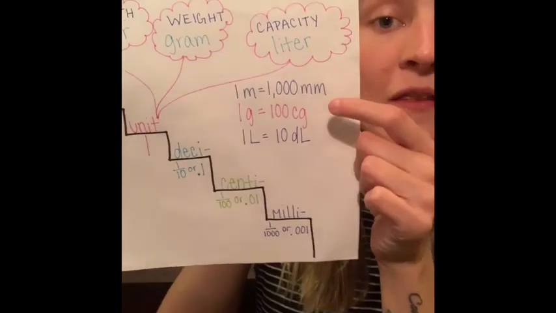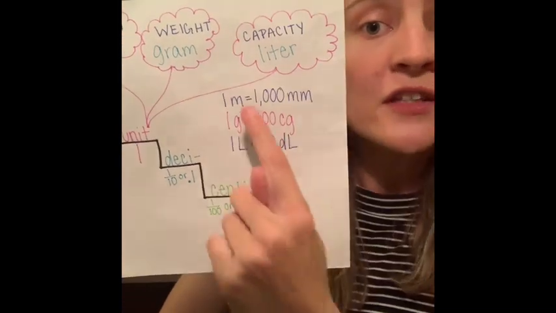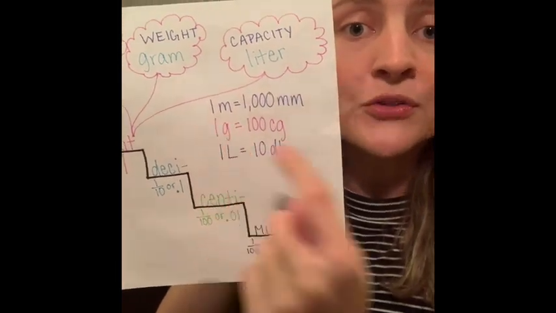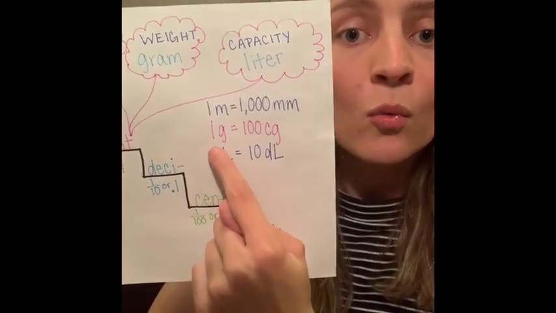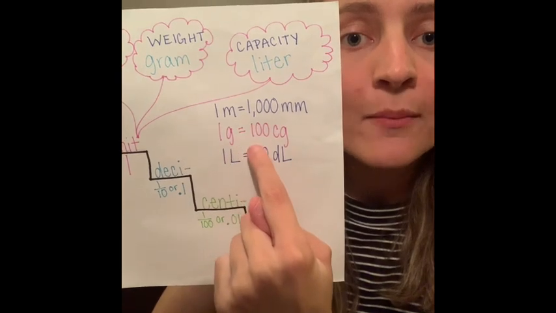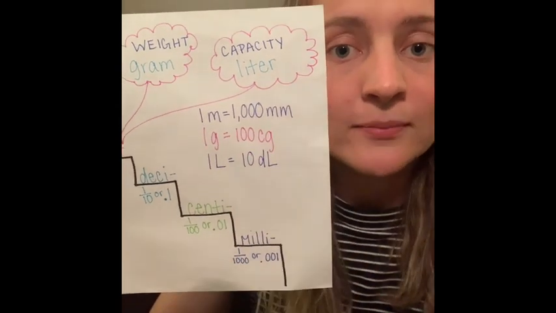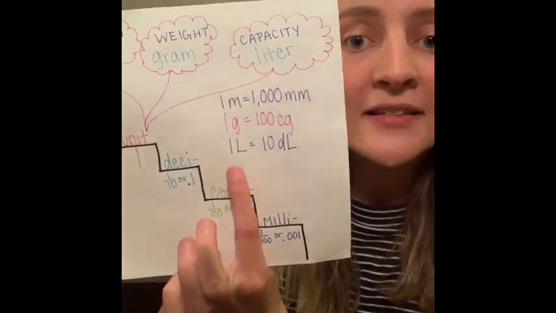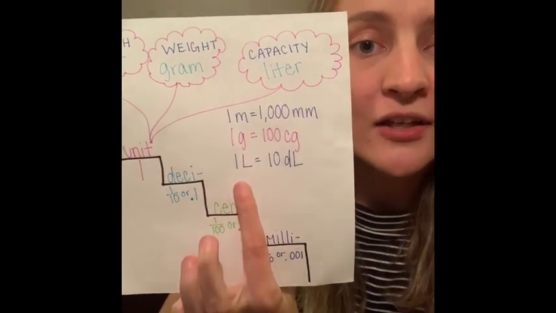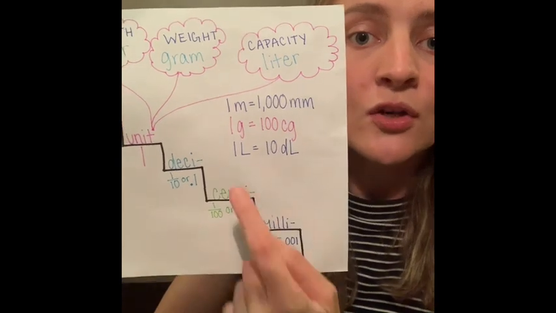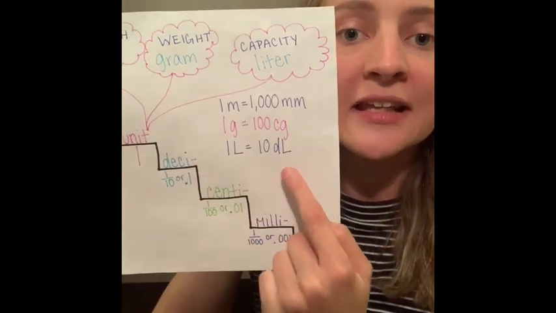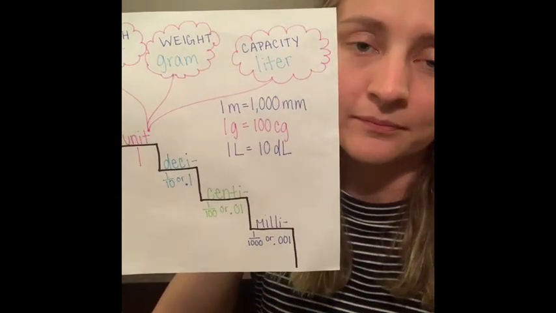And like I said, on this side these can be switched too. This could say 1 gram equals how many milligrams. This could say 1 meter equals how many centimeters. And then our last type of measurement is 1 liter equals how many deciliters. So 1 liter equals 10 deciliters.